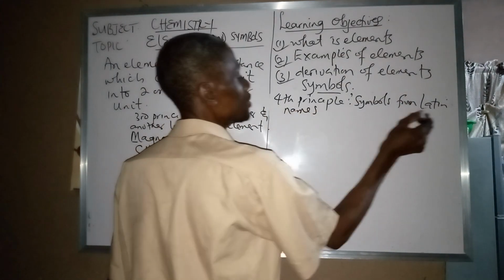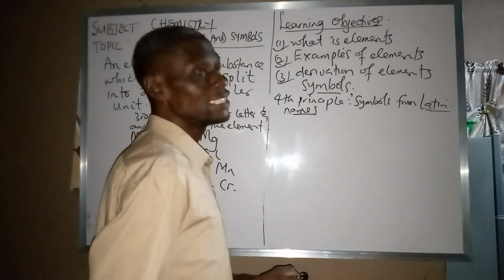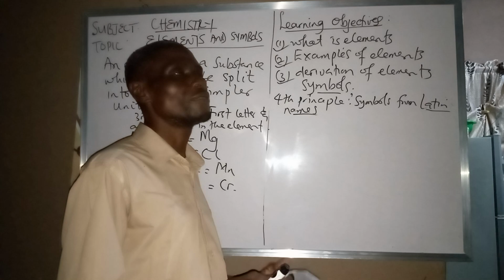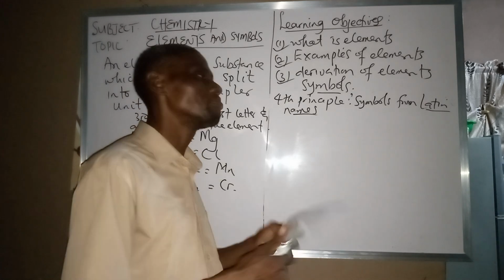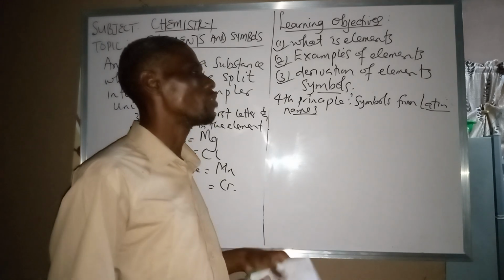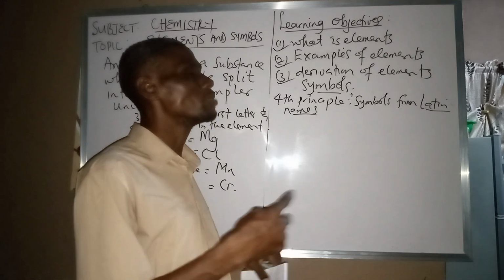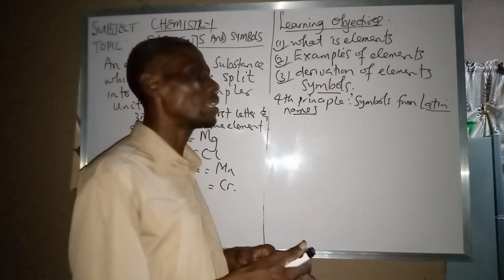We use the Latin name for these elements. What is Latin name? Latin is a language. Most of these scientists that discovered some of them had an idea of the Latin language. So we got some elements' symbols from their Latin names.